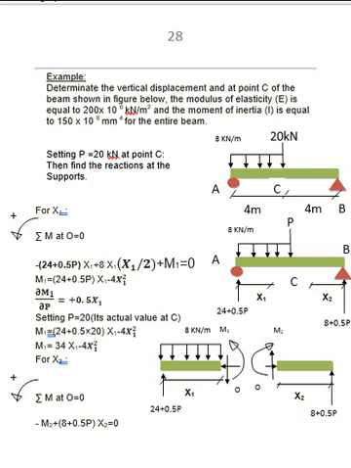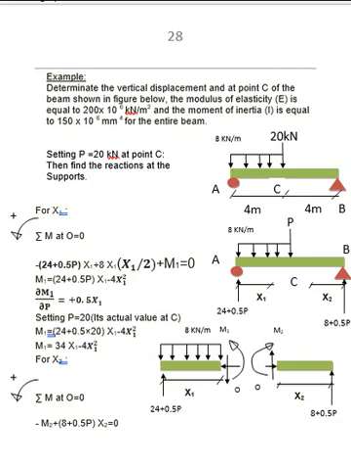For x1, we will take moment at point O: the reaction at support A, 24 plus 0.5 P, times the distance x1, minus the uniform load 8 times x1, and the distance will be x1 over 2, plus M1 equal to 0.